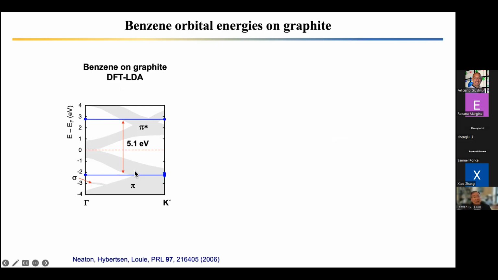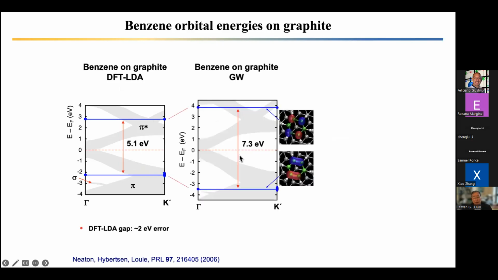And from a DFT, LDA calculation, you will see a HOMO-LUMO gap of around 5.1 electron volt. If you do the same calculation at the GW level, you will find that the HOMO-LUMO gap is very much increased to 7.3 electron volt.